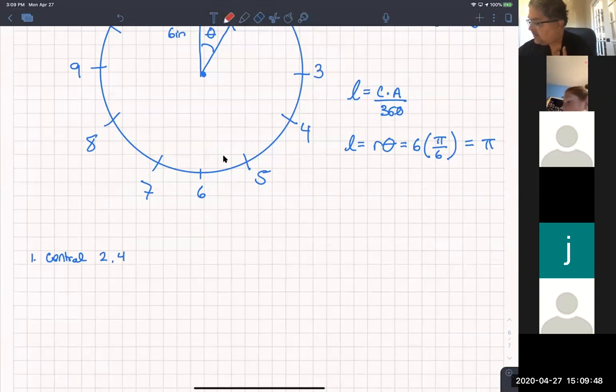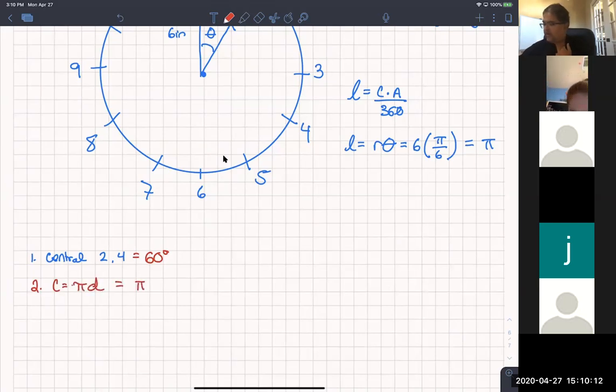Next: the circumference of the entire clock is about 19 inches. What's the formula for circumference? Pi times the diameter. Yes.